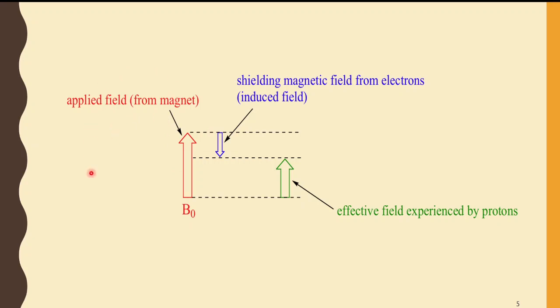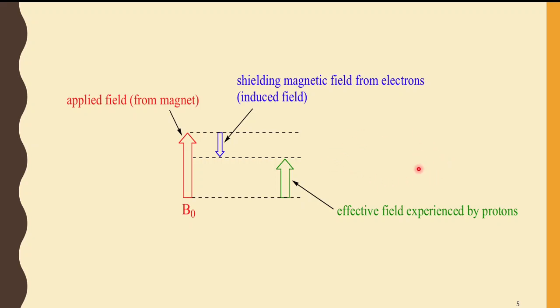Although, at large, you have the applied magnetic field from the magnet, that's why it is a powerful tool: if different atoms experience different effective fields, you get different absorption lines at different chemical shifts, and from there you can elucidate the molecular structure.